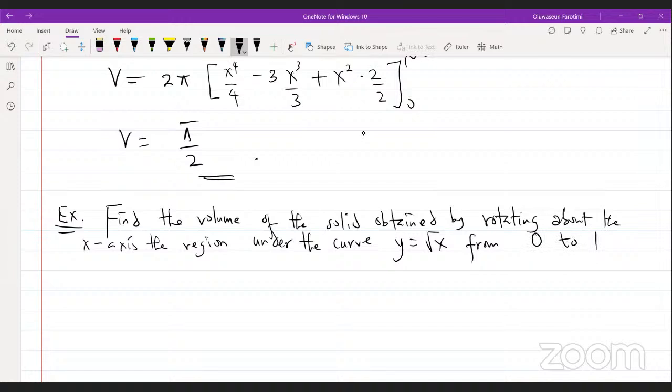It doesn't always have to be 0 to 1, guys, but we're just picking very simple bounds. So nothing complicated.